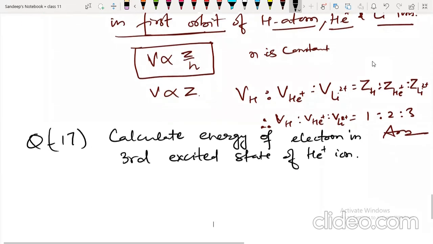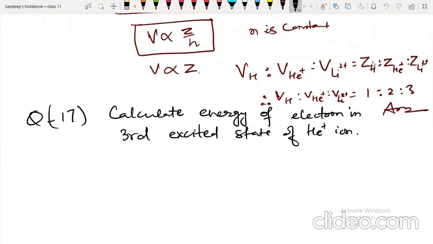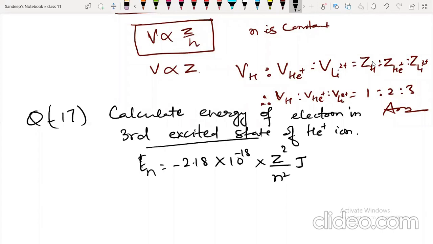See, the formula for energy is minus 2.18 into 10 to the power minus 18 into z square by n square joule. They are asking third excited state, which means n equal to 4. First excited state means n equal to 2, second excited state means n equal to 3, third excited state means n equal to 4.